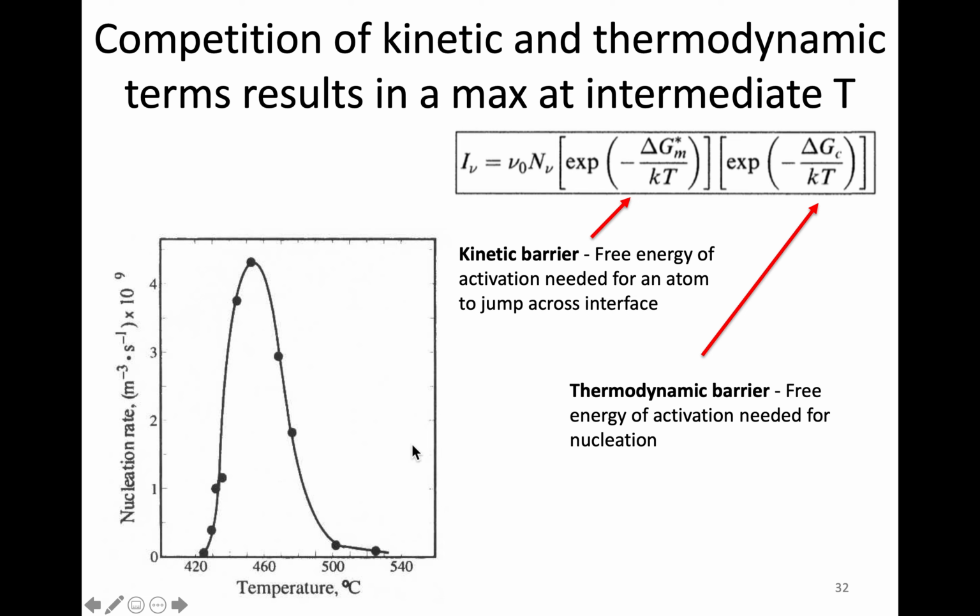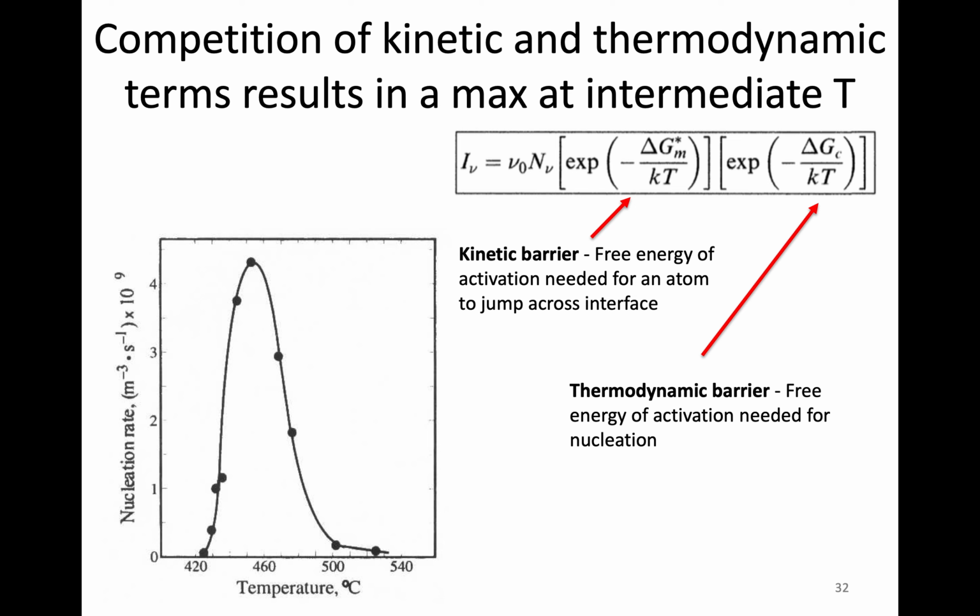So we have this classic competition: the nucleation rate is a sum of the two terms we just talked about. There's the migration term that we just discussed, where the more temperature we have, the more atoms can cross the interface. And then the other thermodynamic term, in which the free energy was greatest when we lowered the temperature, right?